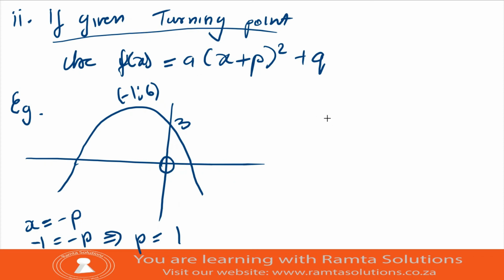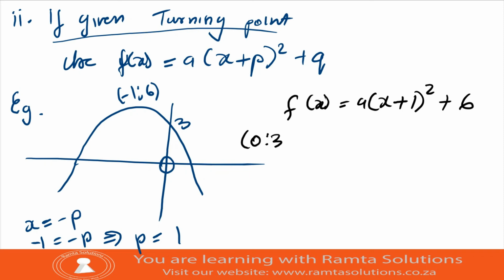Now check this out. You will say f of x equals a into x plus 1 all squared. Now this is the y value of the turning point, which we call q. It'll be plus 6. Now we have another point given, 0 and 3.